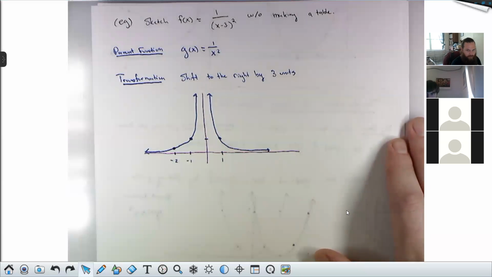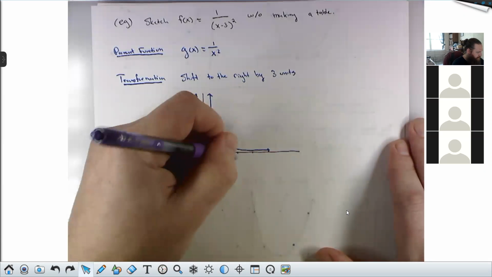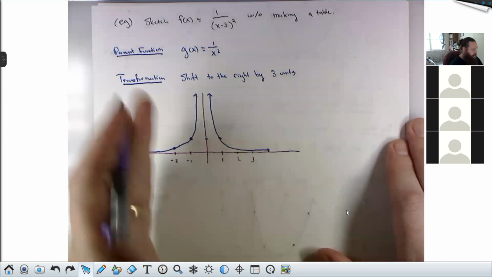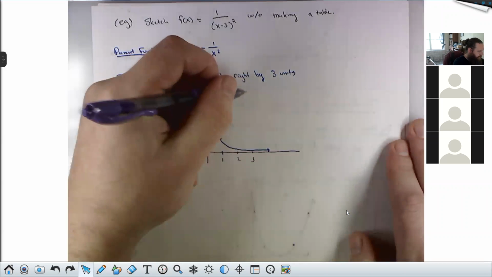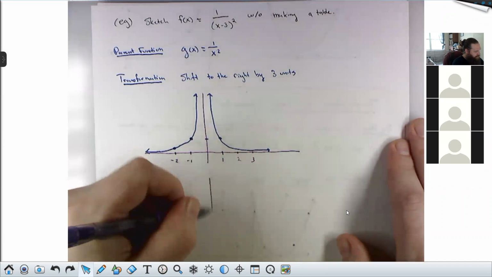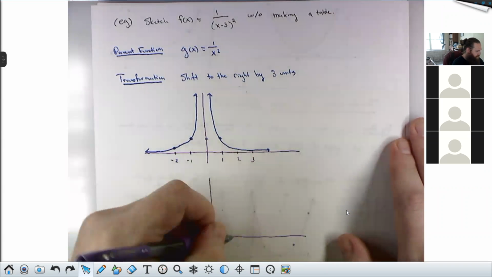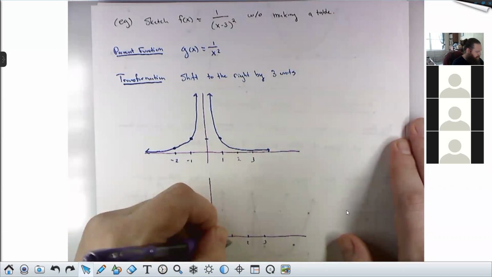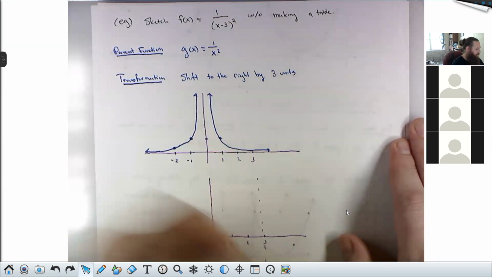So if I shift that to the right by 3 units, that vertical asymptote is going to come over. I just drag the blue all the way over here, 3 units. Let me draw it separately. I like to draw in my asymptotes as dotted lines.